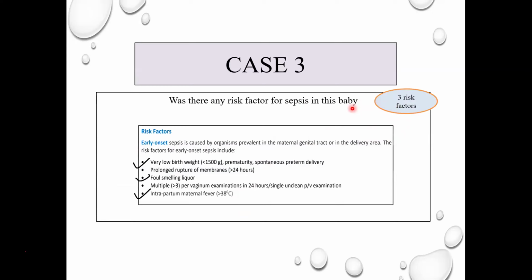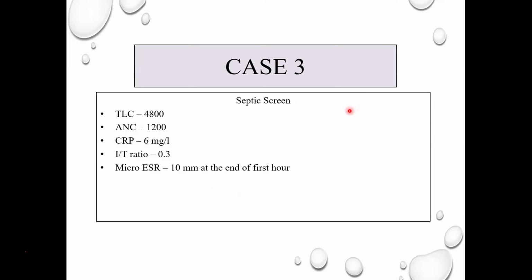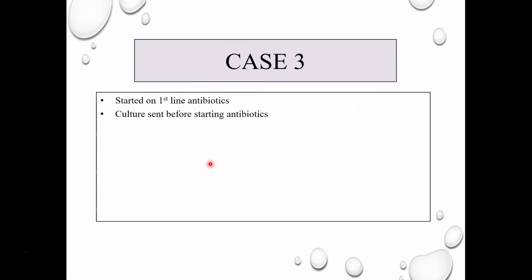Also, like we discussed, the mother satisfies the criteria for clinical chorioamnionitis, and shock. The sepsis screen is also positive. TLC is less than 5,000, ANC is less than 1,800, IT ratio is above 0.2, right? So 3 things are positive. So the baby was started on first line antibiotics, culture has been sent.